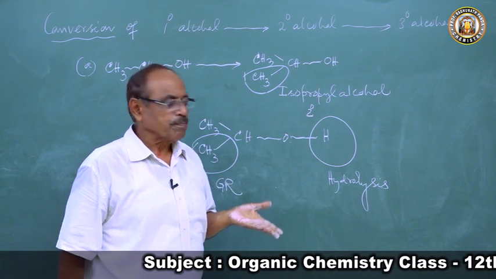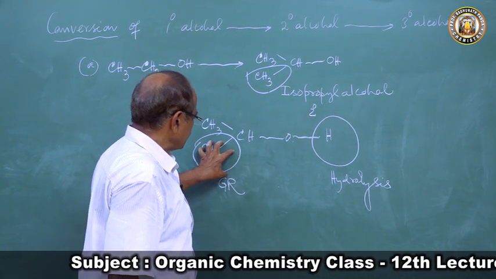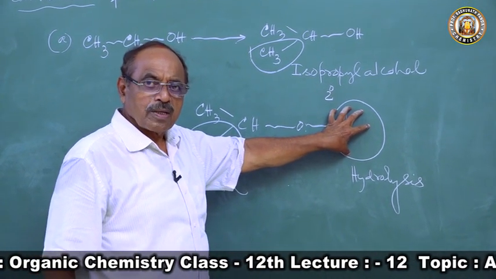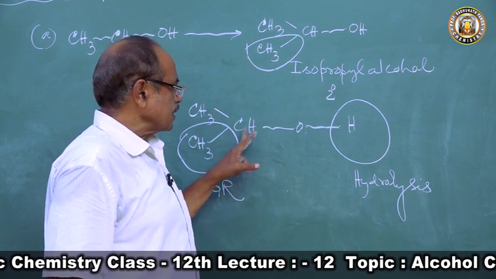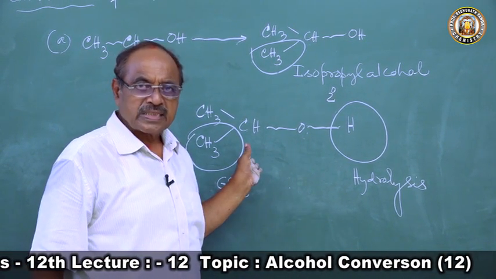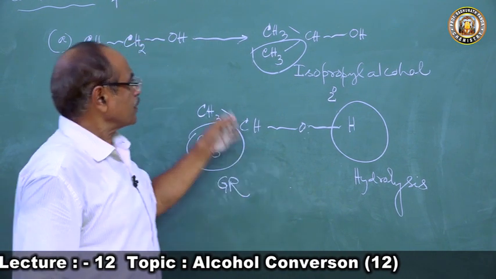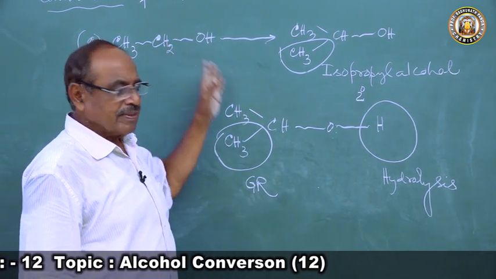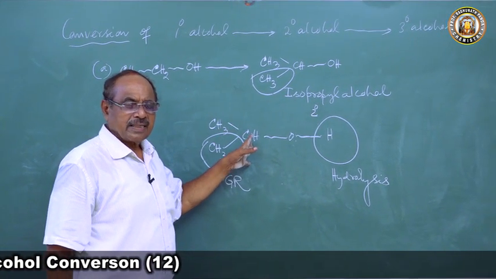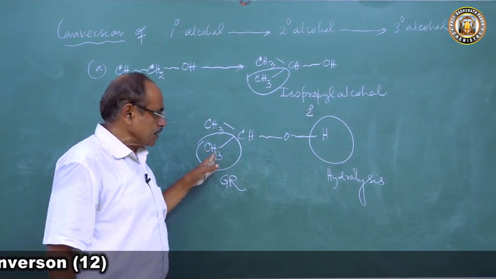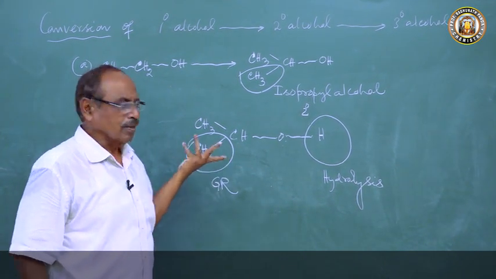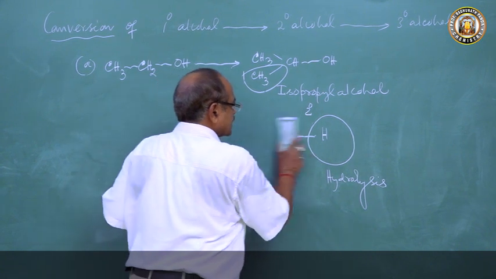The given compound is obtained from Grignard reagent, this we will get from hydrolysis. Then what remains here? CH3CHO. What is CH3CHO? Acetaldehyde. Then the question tells us that you take ethyl alcohol, convert it to acetaldehyde, then treat acetaldehyde with a Grignard reagent, then hydrolyze, you will get isopropyl alcohol. So the question itself gave you the answer.